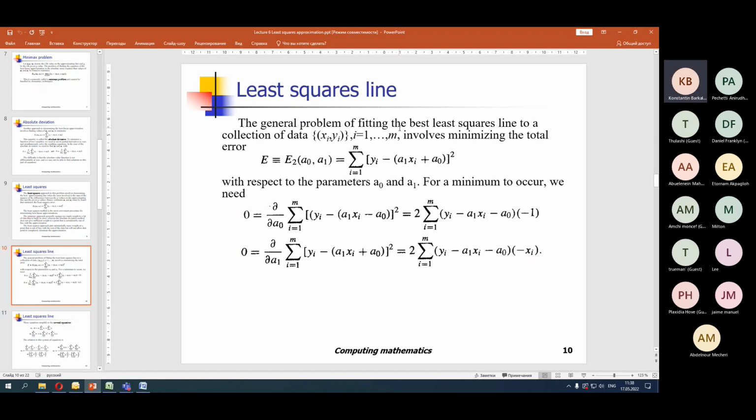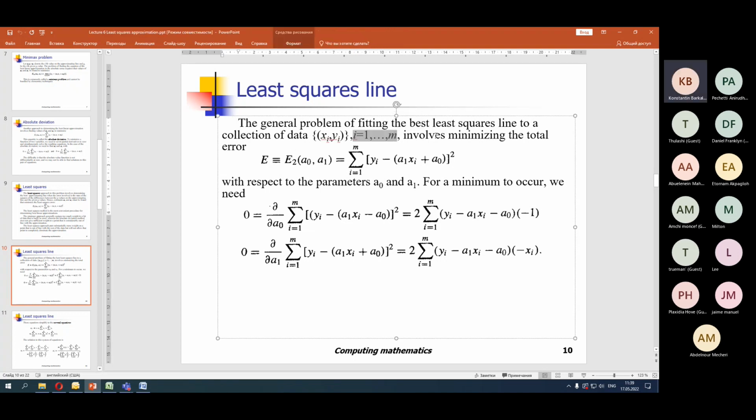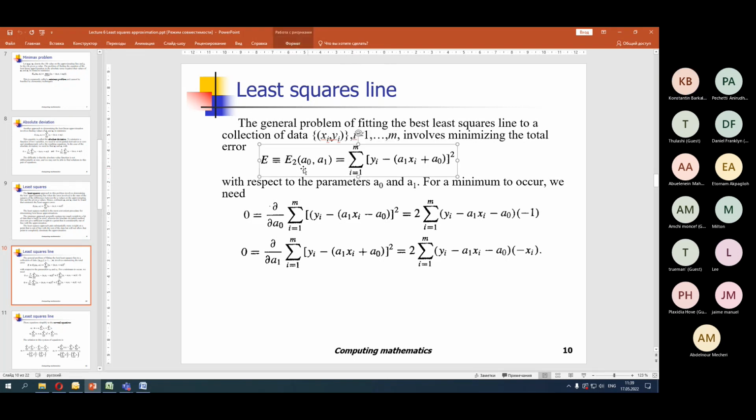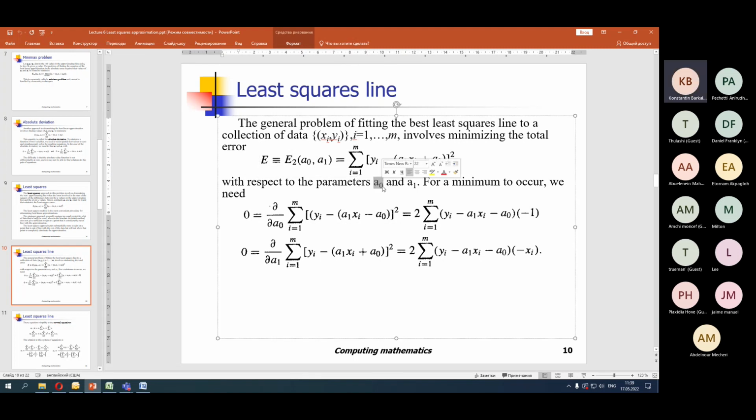The general problem of finding the best least squares line to a collection of data points xi, yi, so suppose that we have m given points numbered from 1 to m, involves minimizing the error that can be computed using this formula with respect to parameters a0 and a1.